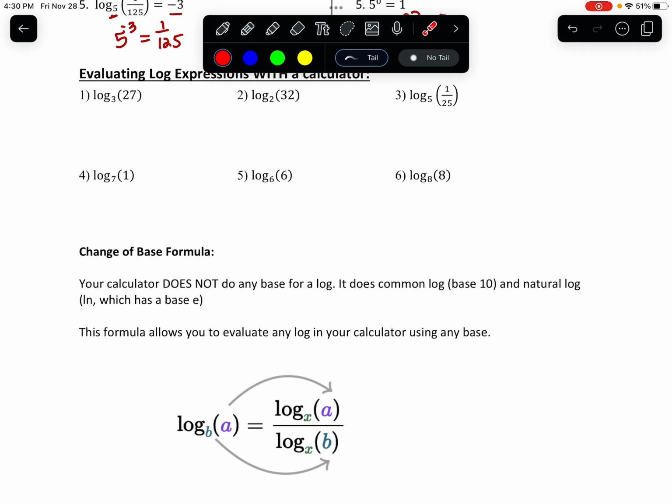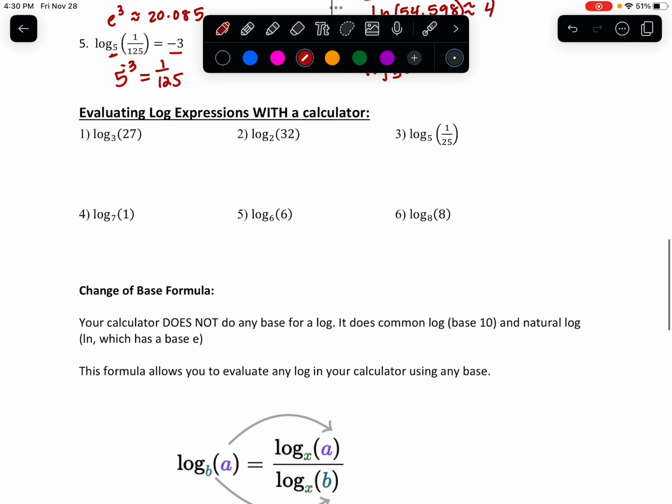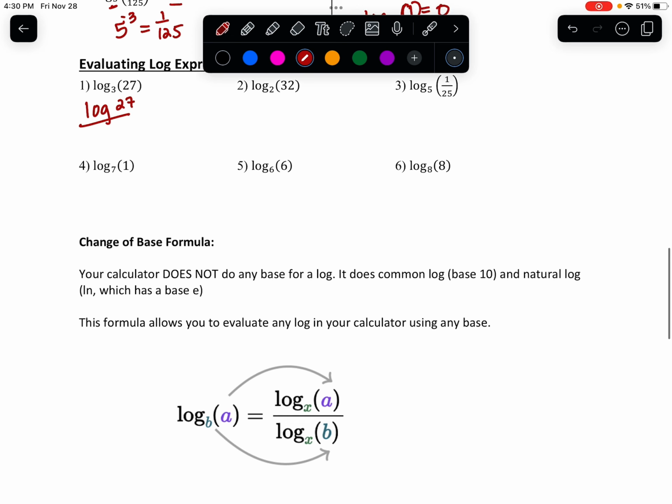So to evaluate these in our calculator is super easy. We're going to rewrite this as log 27 divided by log 3, because that's what this says: log base x of A divided by log base x of B. So going back here, we have log base 27 goes on top, and log 3 goes on bottom.